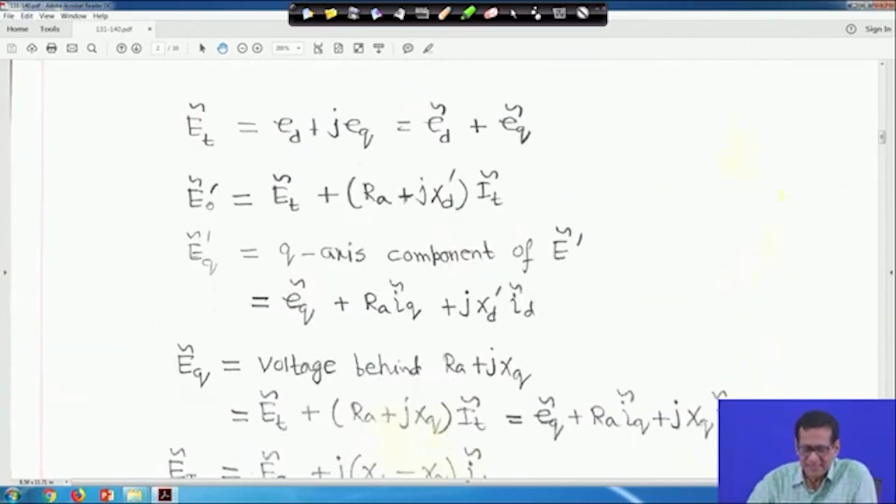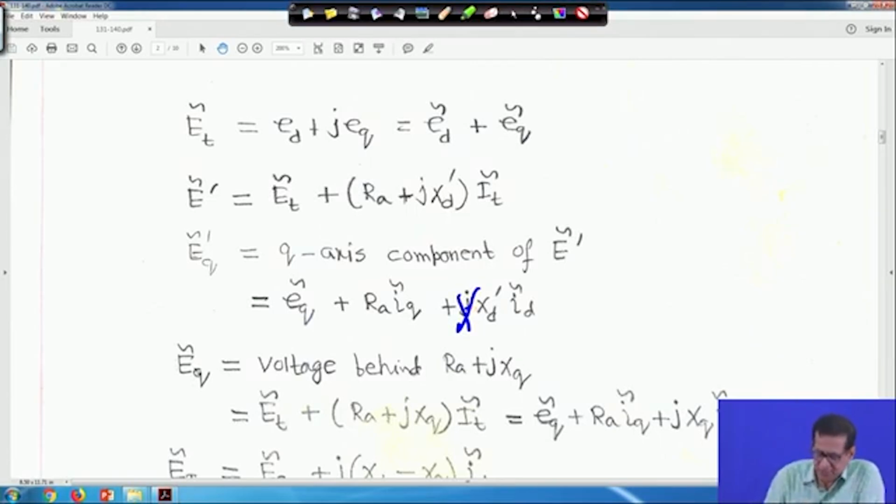Similarly E dash tilde is equal to ET tilde plus RA plus jXD dash IT tilde, because we have replaced LD dash by XD dash. EQ dash tilde, the q axis component of E dash tilde, is equal to EQ tilde plus RA IQ tilde plus XD dash ID tilde. One j should not be there; it is XD dash ID tilde.